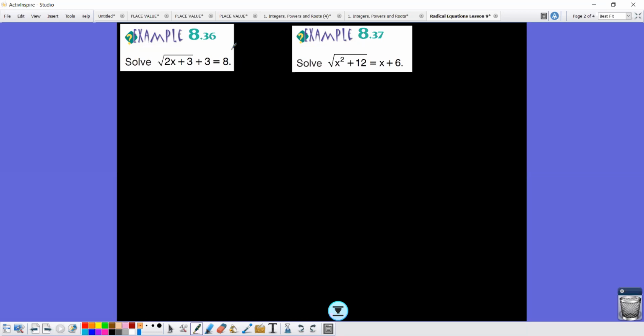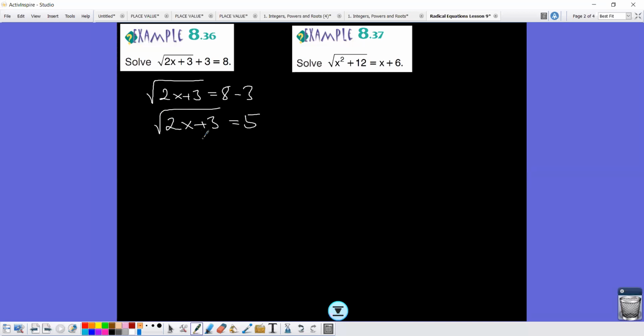Always try to do that. So I take this 3 to the other side: it will be 8 minus 3. When we have only the radical expression on one side, it is easier to solve. So the square root of 2x plus 3 is equal to 5.